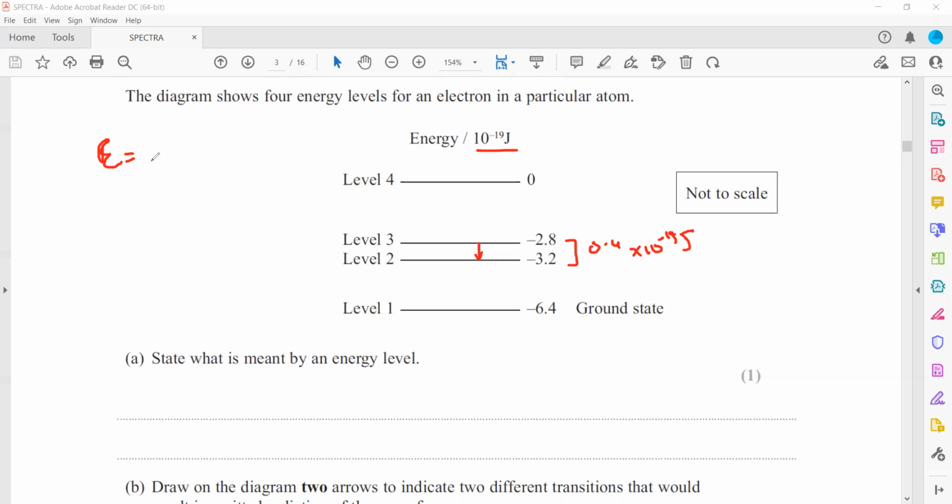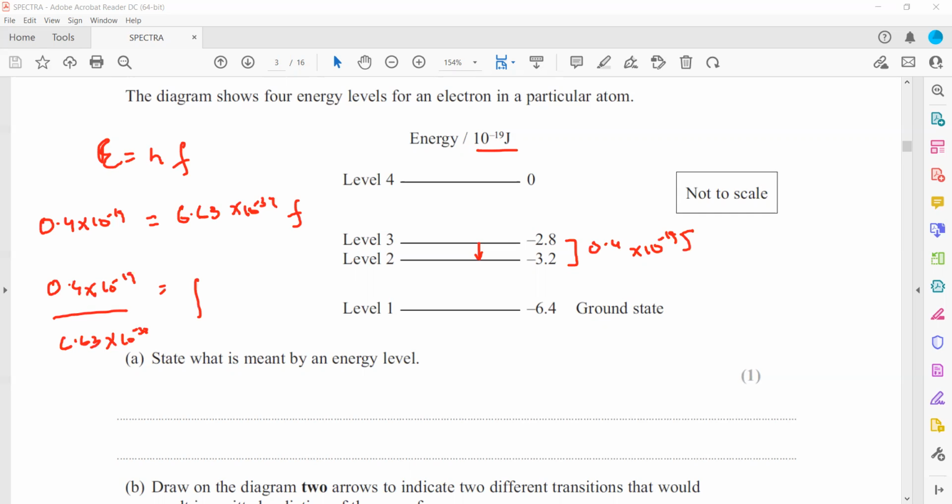So E equals hf, where E is the energy emitted out, so 0.4 into 10 to the power minus 19. h is Planck's constant, which is a fixed value, 6.63 into 10 to the power minus 34. Frequency we don't know, so we are finding it: 0.4 into 10 to the power minus 19 divided by 6.63 into 10 to the power minus 34.